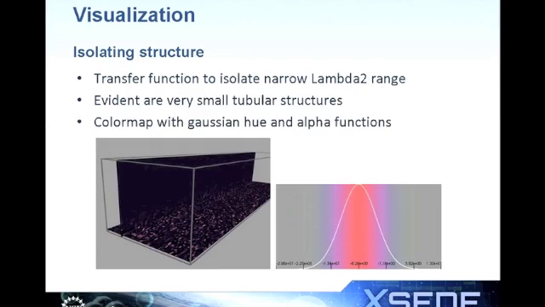So we're really working hard, when we try to represent this volumetrically, as you'll see in a minute, to isolate that. And so I'm working with the collaborator, with the PI, trying to identify the data he's looking at. So really working hard on the transfer functions themselves in my volume renderer. And you can see I've got a Gaussian both in the hue as well as the alpha channel.